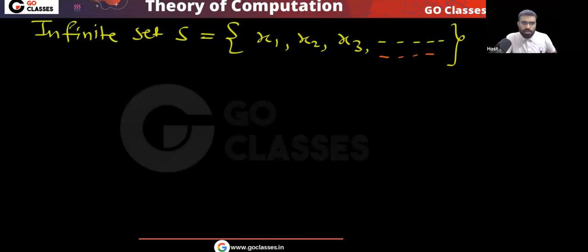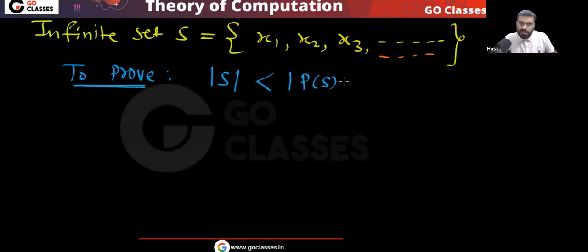So let's assume this is your infinite set S. Now, for this infinite set, what do we need to prove? We need to prove that the cardinality of S is strictly less than the cardinality of PS. This is what we need to prove.